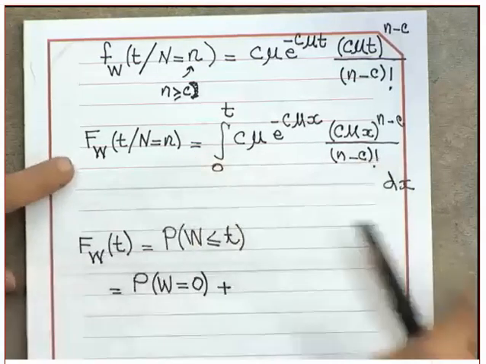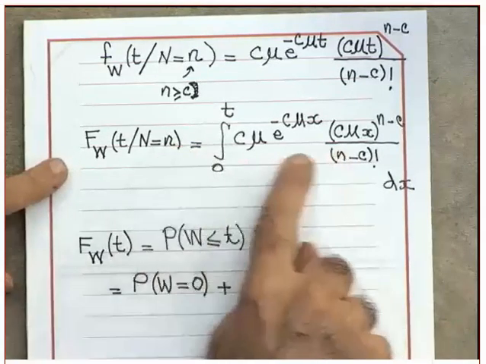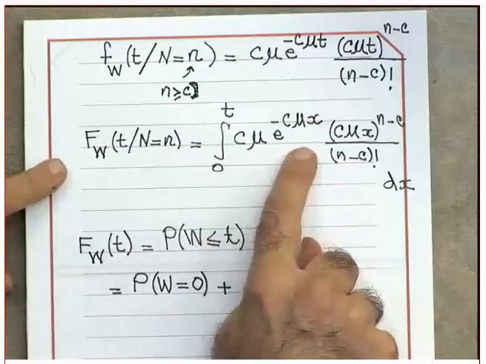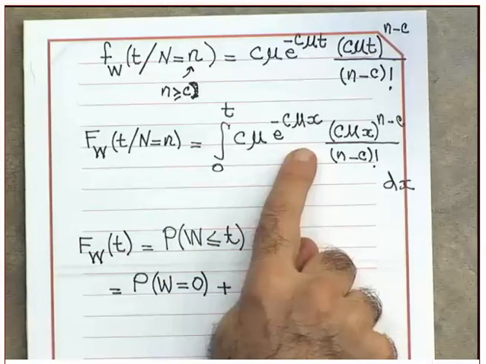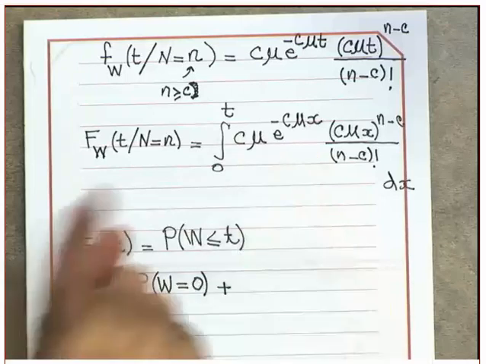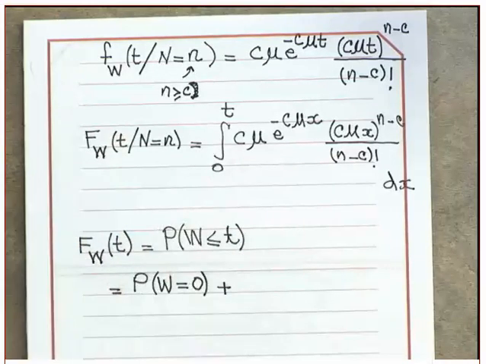Now what do I need to do to this? I need to average it over all possible values of N. But remember, N is greater than or equal to 0. Oops, greater than or equal to c. Clear? Okay, good.